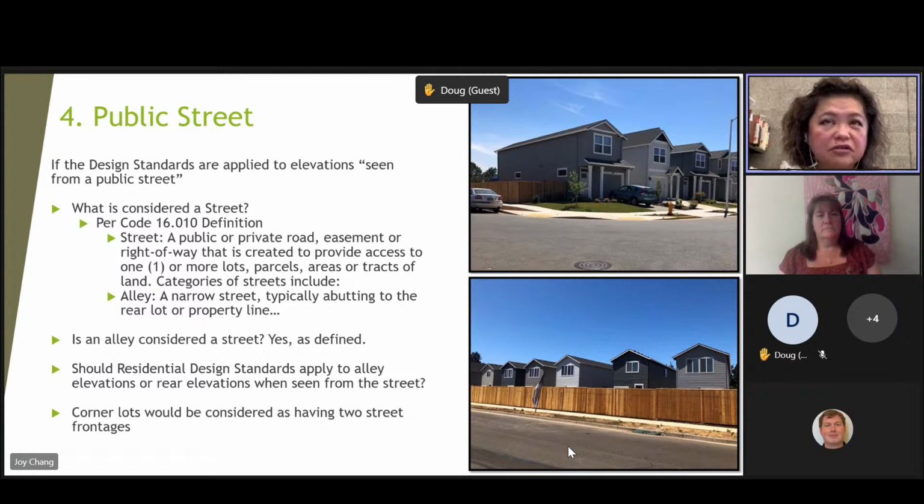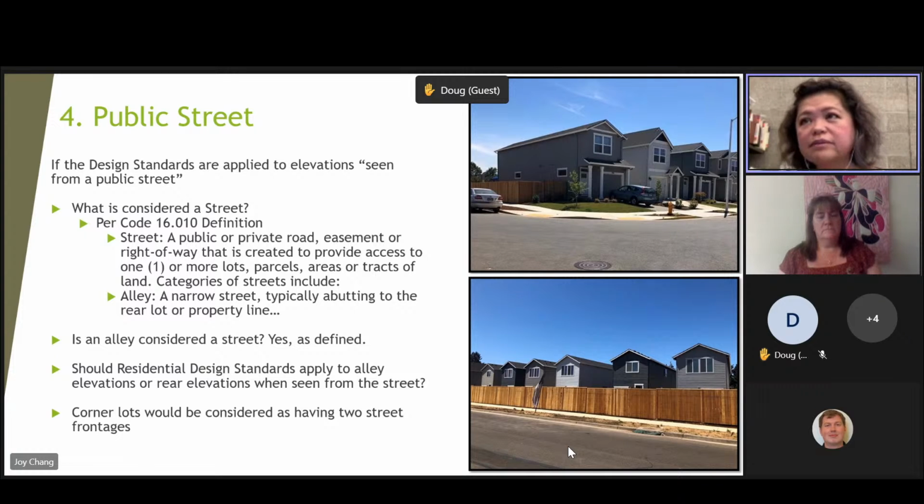Under the definition, it is a street because it says it's a narrow street, typically abutting to a rear lot or property line. So again, just by the definition of the code, an alley is considered a street, but the question to you is, should residential design standards apply to alley elevations or rear elevations when seen from the street?